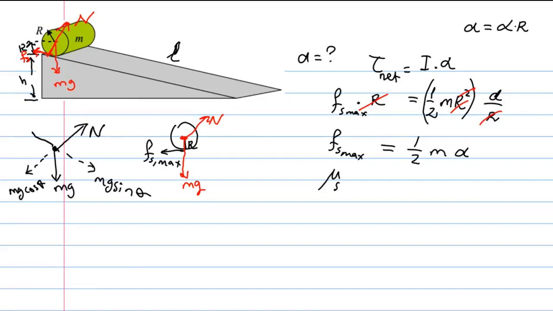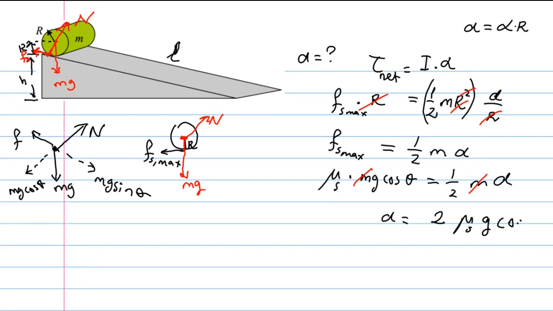Now we also have the friction force backward. If the object is sliding down with a constant speed, the kinetic friction force is as big as mg sine theta. Going back here, we need to write the normal force. The normal force is mg cosine theta, so we just write mg cosine theta here. That is 1/2 ma. After some simplification, a is 2 mu s g cosine theta.